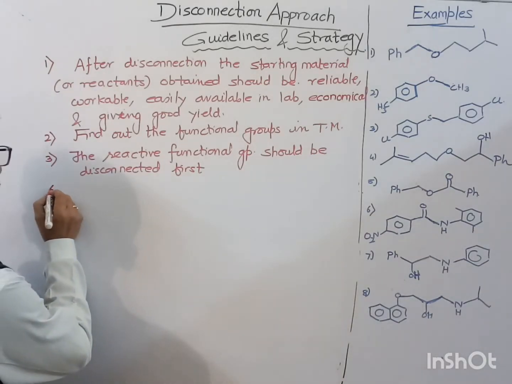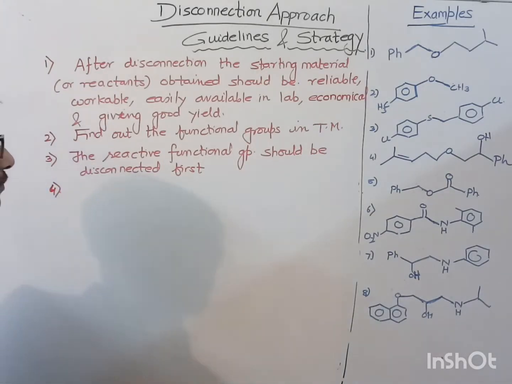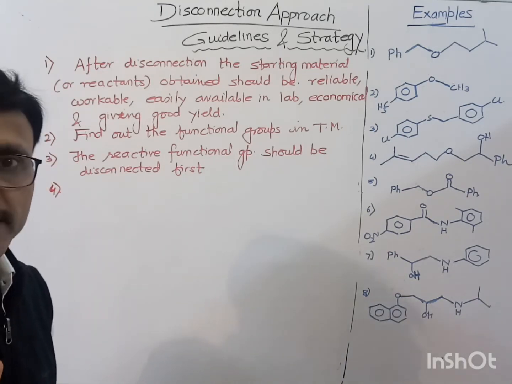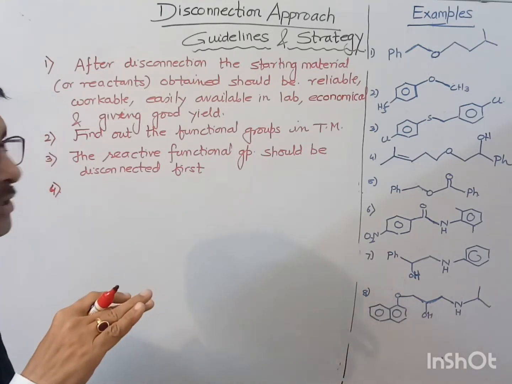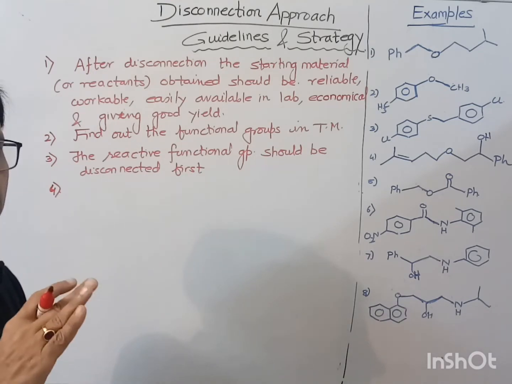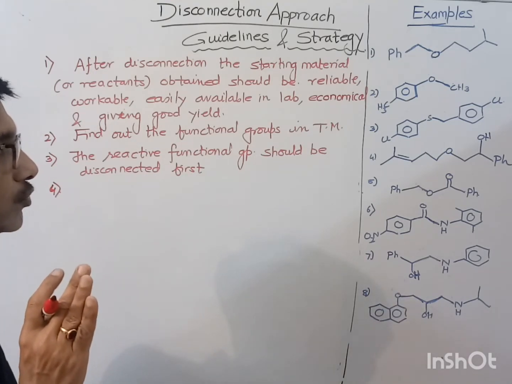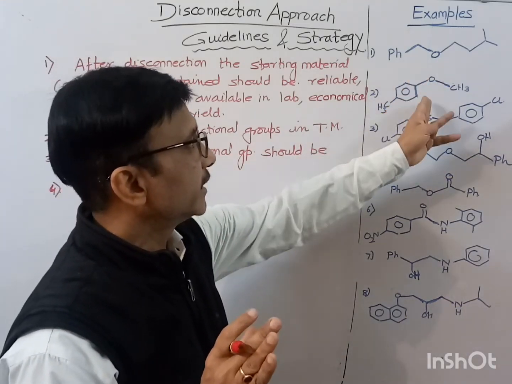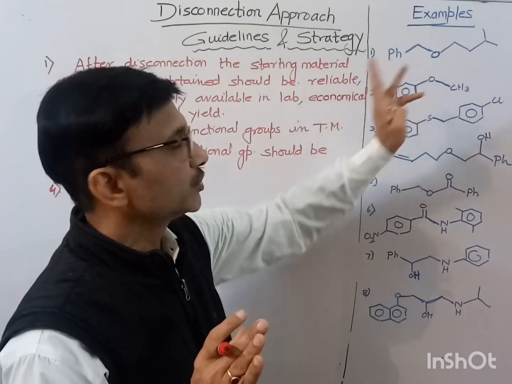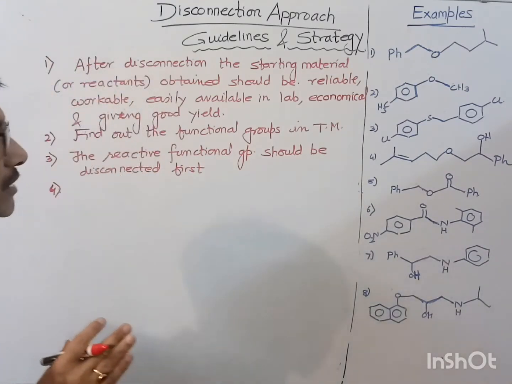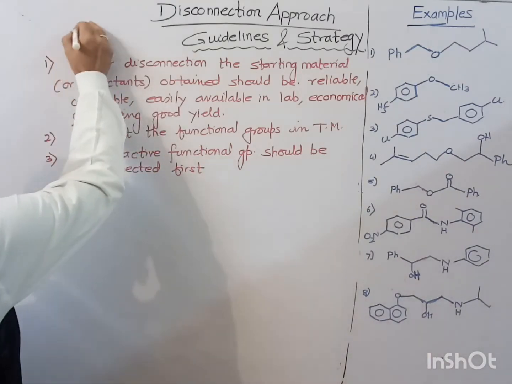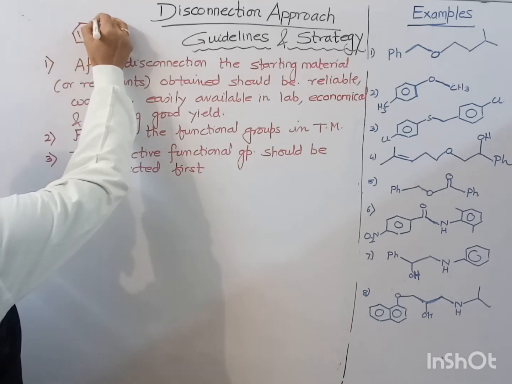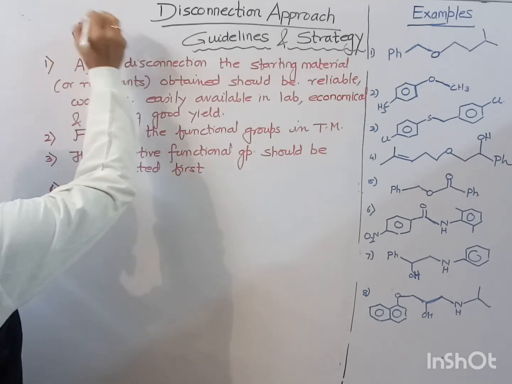Now, if after disconnection you get a positive charge on the benzene ring, then that disconnection is not favorable, so you will not do that disconnection. Suppose this is the molecule, and if you disconnect it from here and get a positive part over the benzene ring, that is not favorable. All of you know a positive charge on this sp2 hybridized carbon is not favorable.